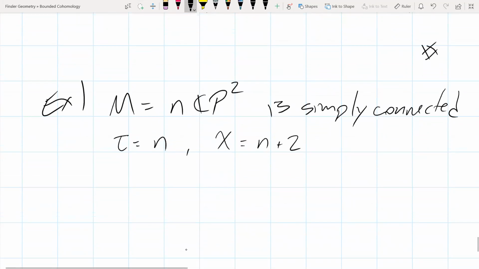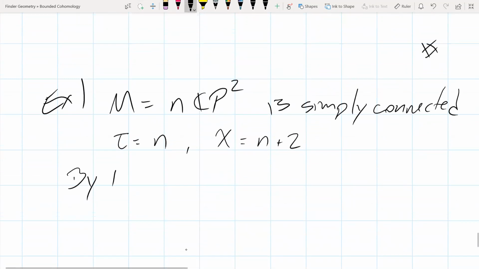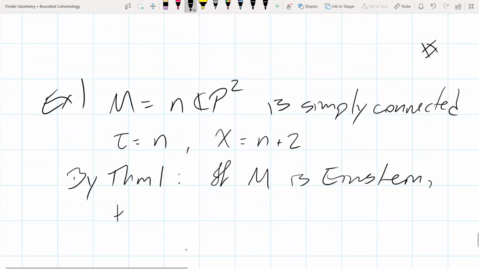And by theorem 1, if M is Einstein, then the absolute value of the signature n has to be less than 2/3 of n plus 2.